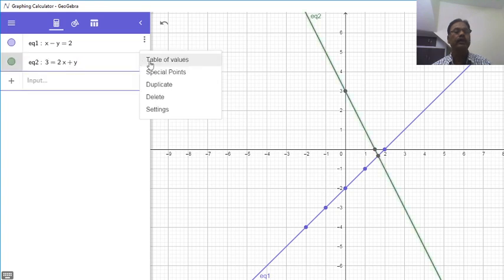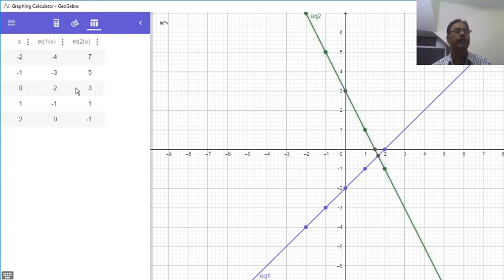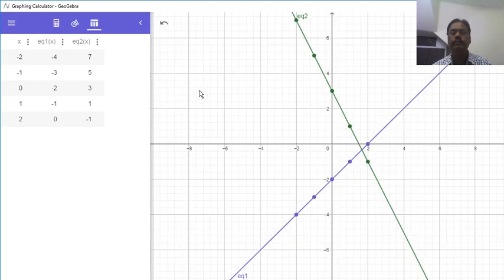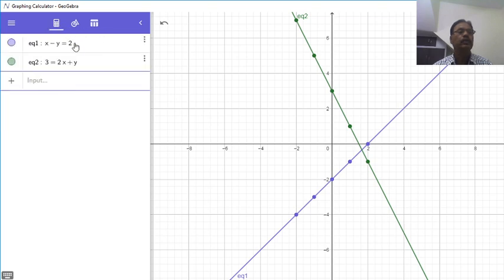Let us find the table values. Table values are at x equal to minus 2, we are getting y equal to minus 4. Understand? Yes, so let us see here. We have got the graph of that equation. What was that equation? 3 equal to 2x plus y.